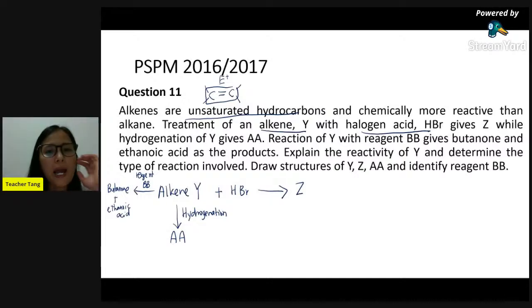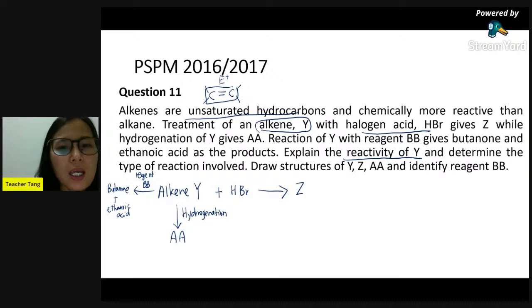So explain the reactivity of Y. Y is an alkene. Madam just explained why alkene Y is reactive. Why reactive?